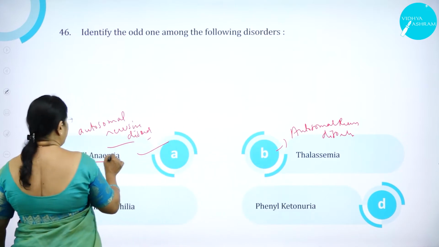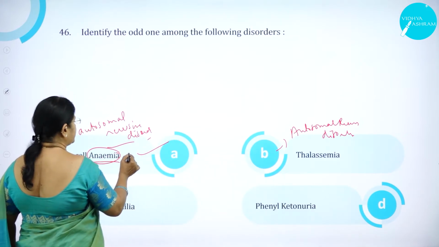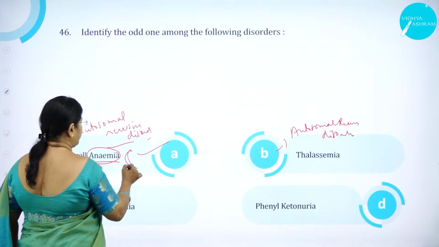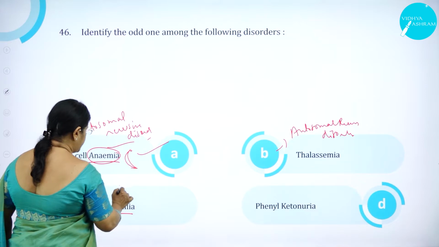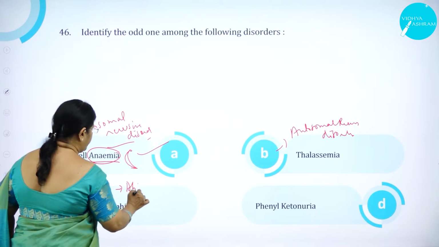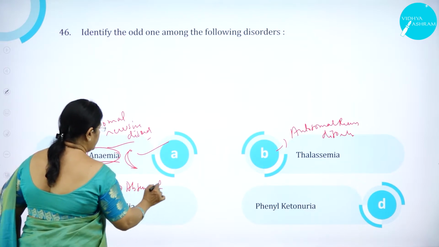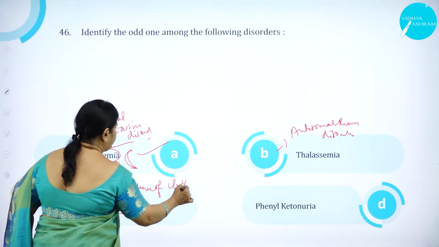In sickle cell anemia, as you know, the RBCs will be sickle shaped, right? Hemophilia is a disease which is due to absence of clotting factor.